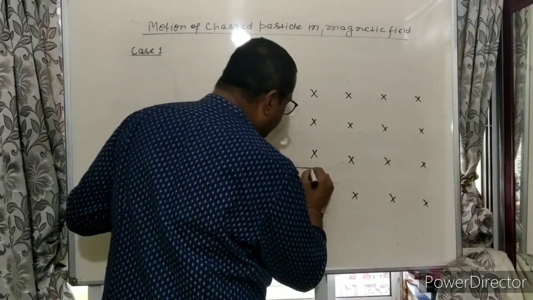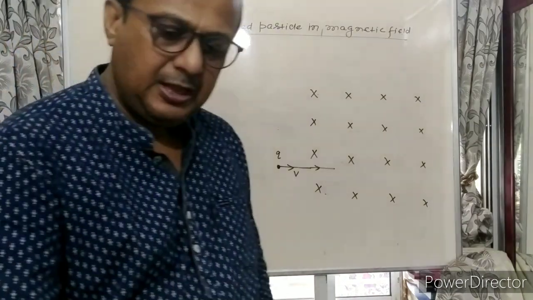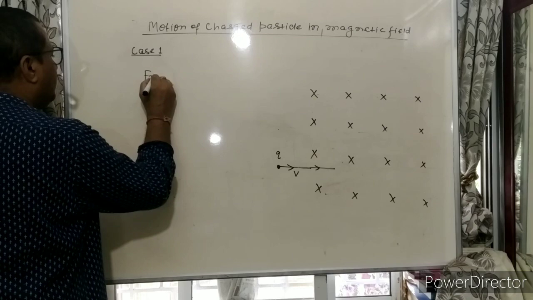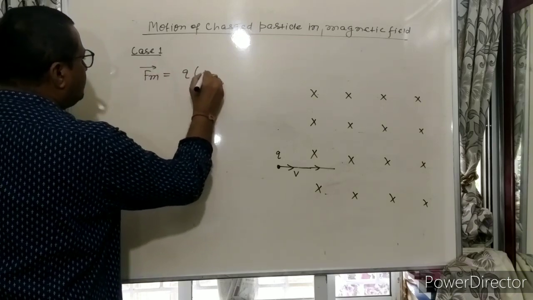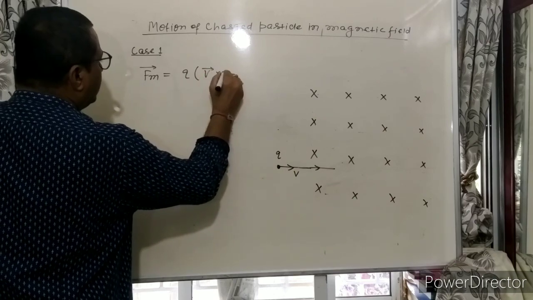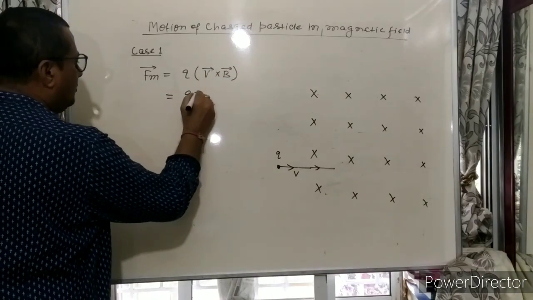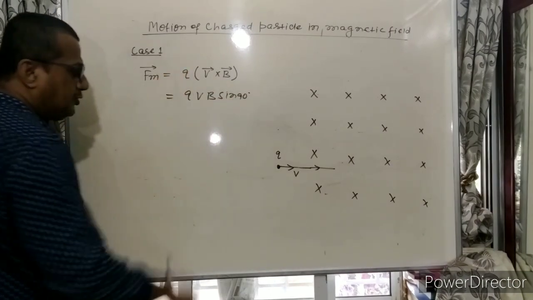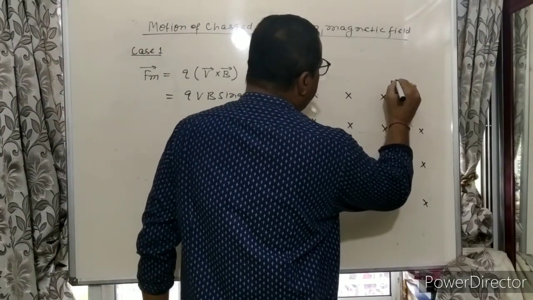So when it enters, according to the magnetic Lorentz force, Q V cross B, this will be equal to Q V B sin 90, because velocity and magnetic field both are mutually perpendicular here.